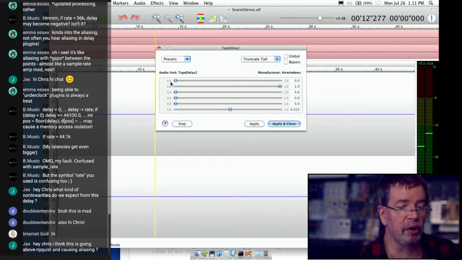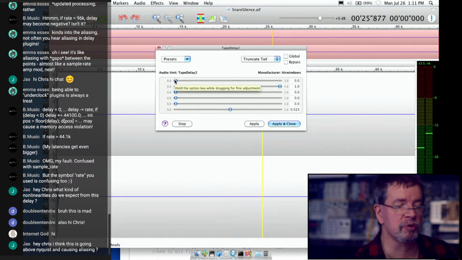Oh, interesting. We've gone all dark now. And I know why. I know why. It's because we went up to a very high pitch and it was resampling it as it was regenerating.